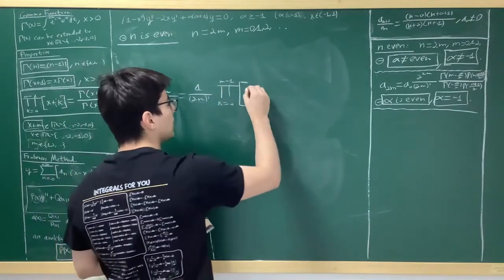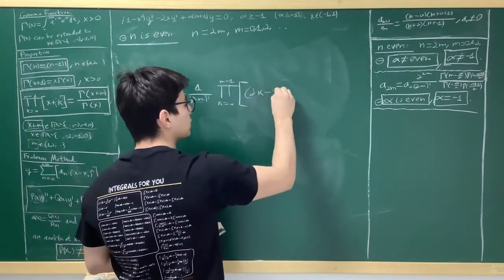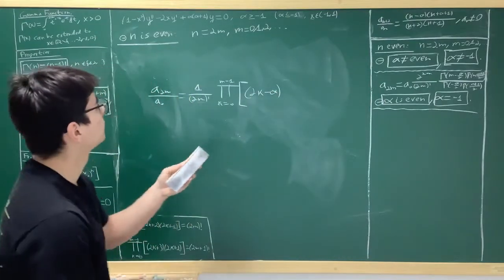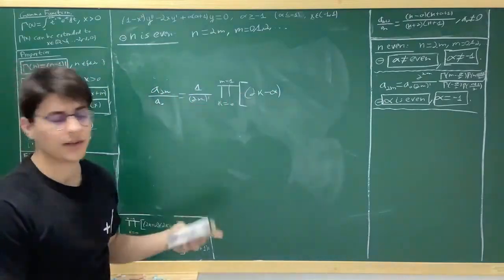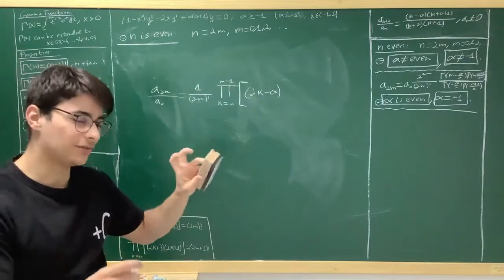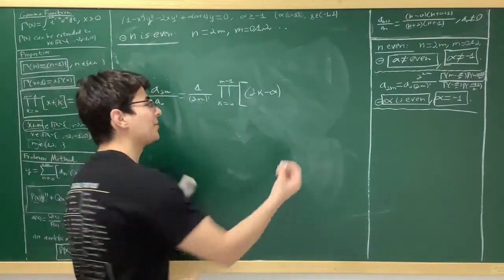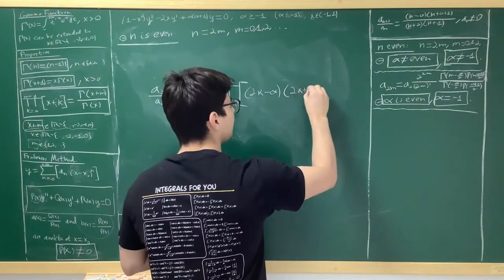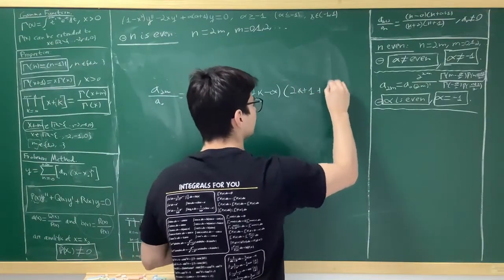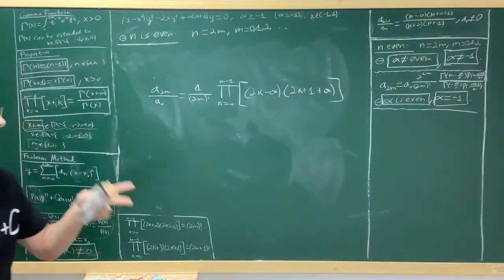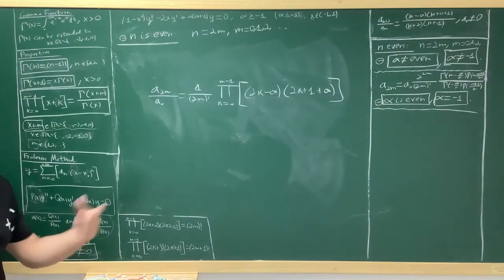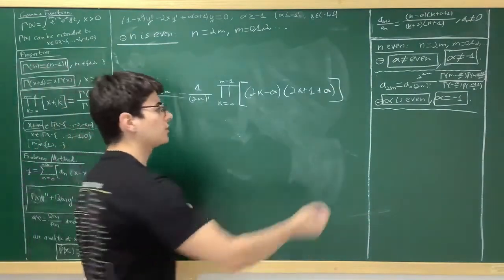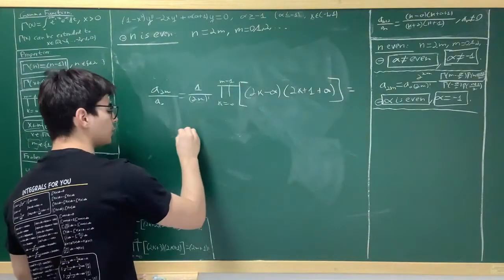Now what do we have? We have 2k minus alpha. Notice that again I'm using the k instead of m, so the productation makes sense. So 2k plus 1 plus alpha. We can leave it like that, and in fact we will leave it like that, but just for the sake of it, some textbooks like to write it this way.